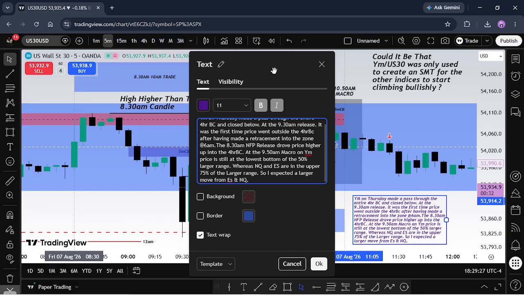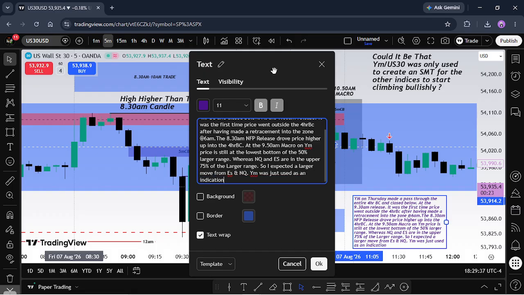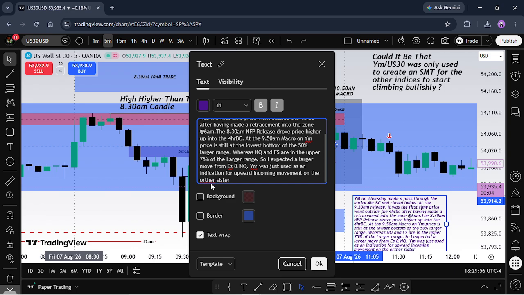YM was just used as an indication for upward incoming movement on the other sisters. Yes, I spelled other wrong. Corrected. Yeah, done.